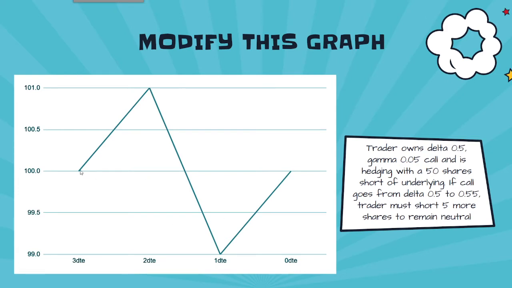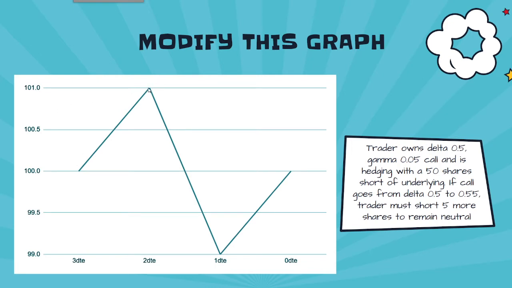So as the price goes up $1, you've gained $50 on your option. To hedge that, you have 50 shares short, so you lost $50 on the underlying.